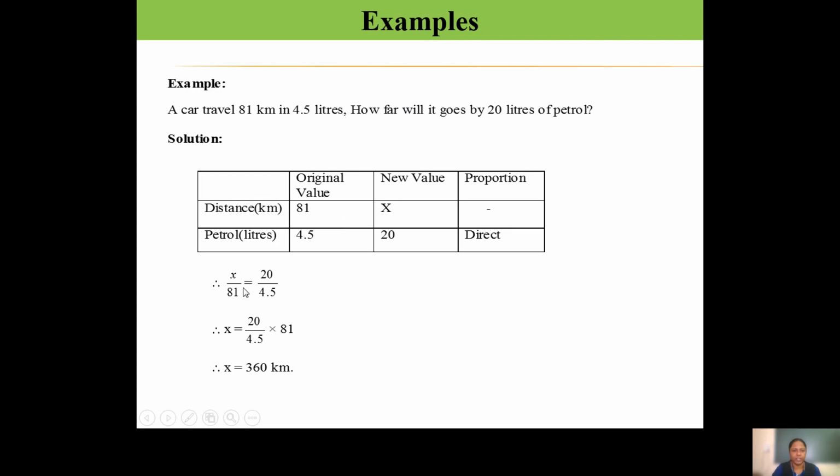So x upon 81 equals 20 upon 4.5. We have to find the value of x, which is the distance. So x equals 20 upon 4.5 into 81. If we do the calculations, we get x equals 360 kilometers. This is how you have to identify the relationship between the quantities and find the required answer.